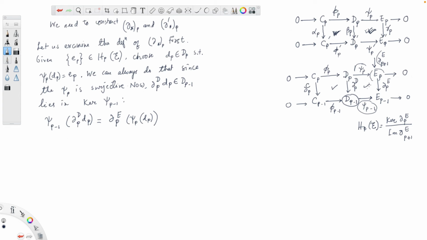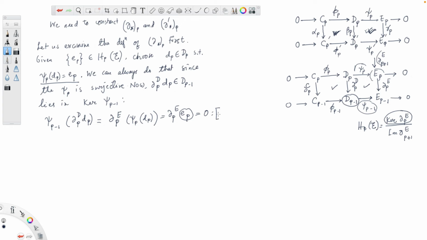So it follows from the commutativity of the right hand square. And we know that psi_p(d_p) is e_p, and the class of e_p belongs to the pth homology group of the chain complex E, which means that e_p belongs to the kernel of del_p^E. So this is 0.